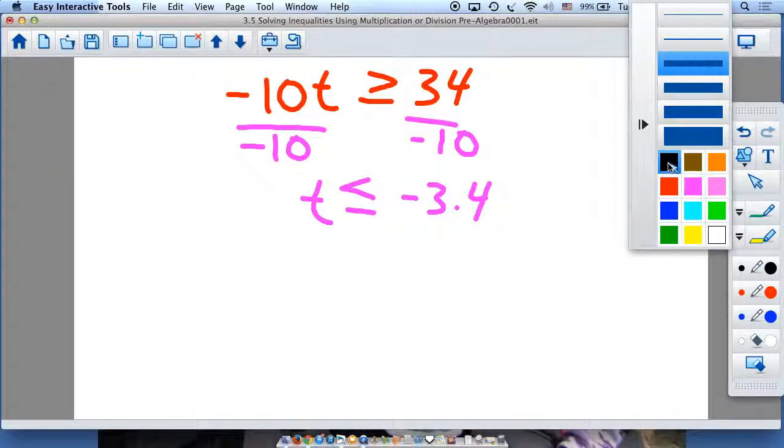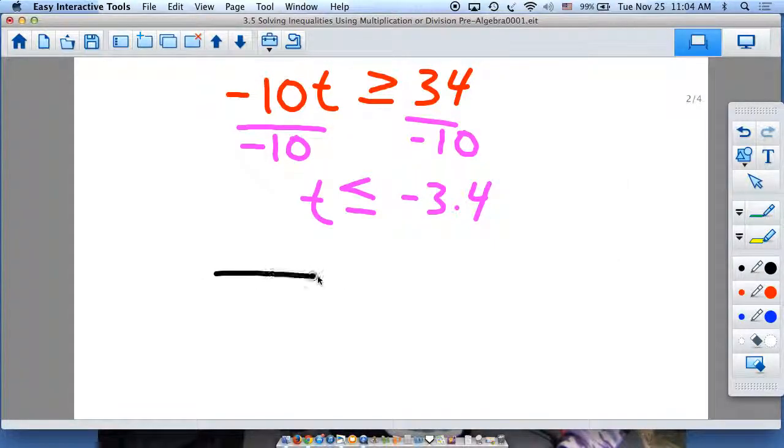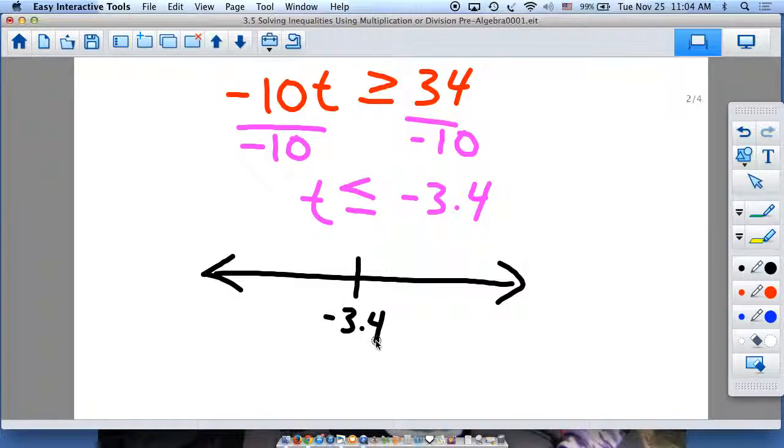So now we need to graph it. Now we have -3 4/10. Dealing with negative numbers and decimals, there are several ways we could do our graphing here. Some people like to go by every one. I'm going to go by tenths. The next larger tenth on the negative side would be -3 3/10, then -3 2/10.